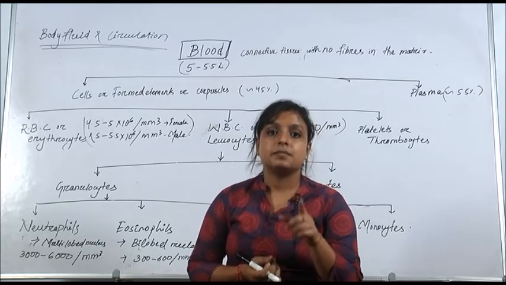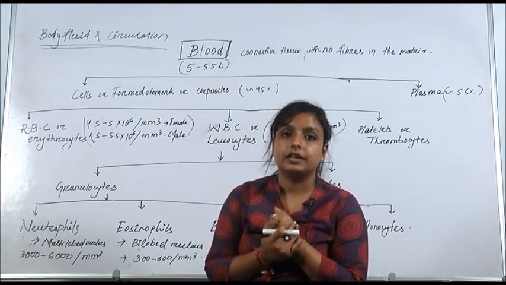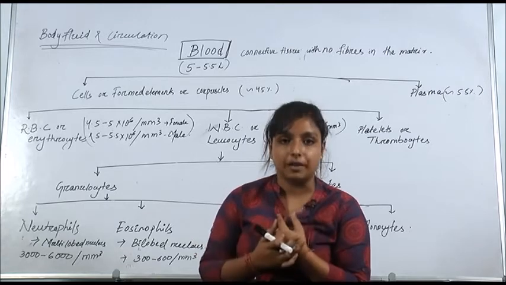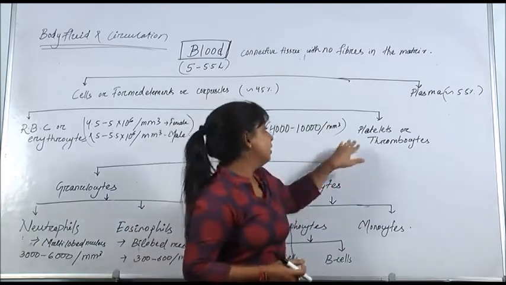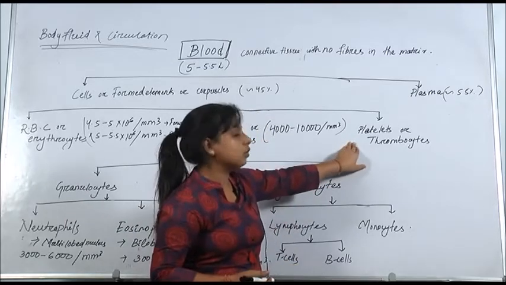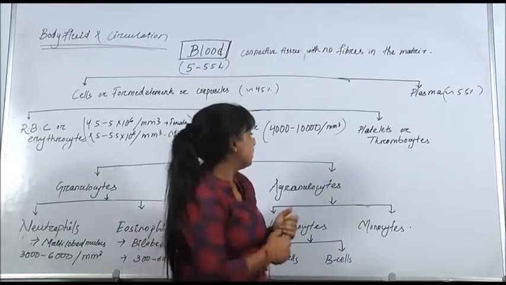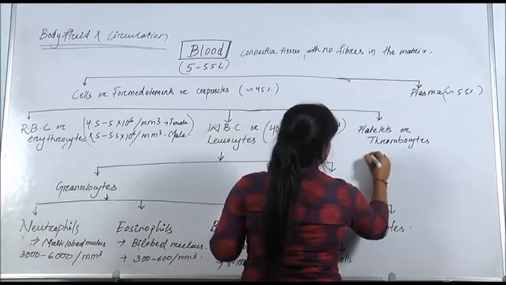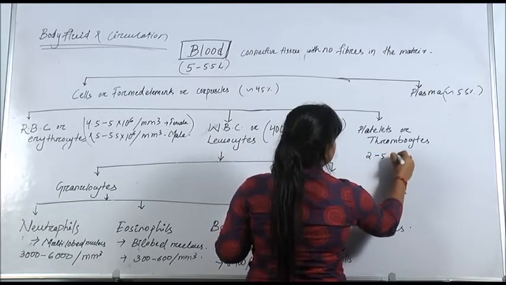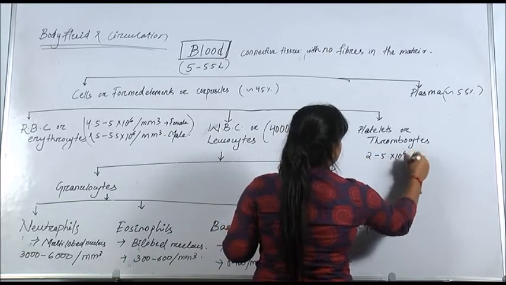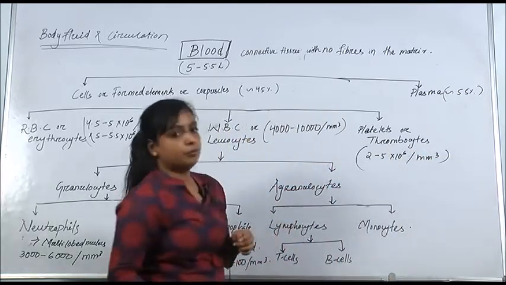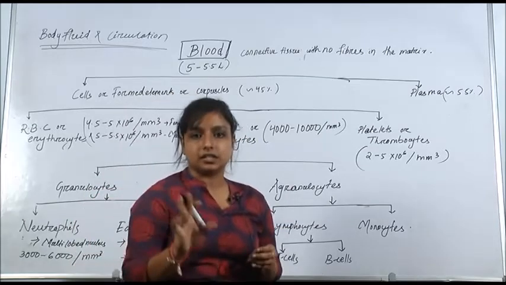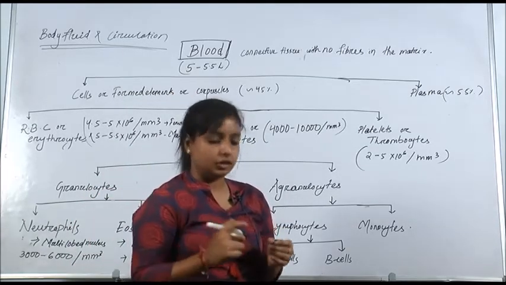The mechanism by which this blood flow stops is known as clotting. This clotting mechanism is done by the platelets or thrombocytes. Platelets or thrombocytes are around 2 to 5 million per mmQ of blood. So they provide protection against any external injury by stopping the blood flow.